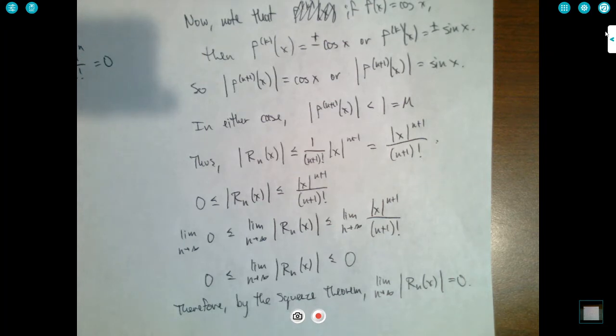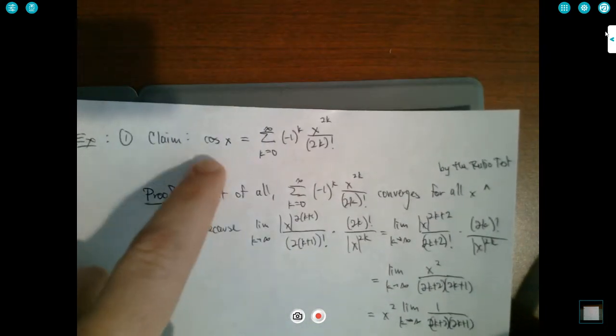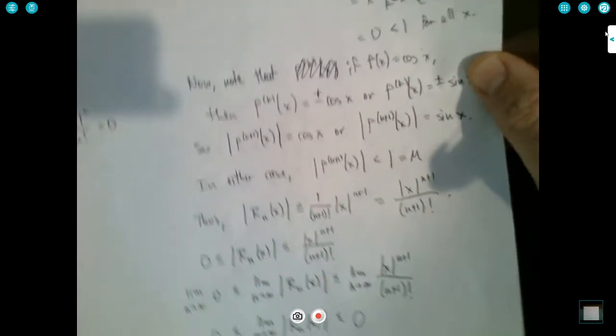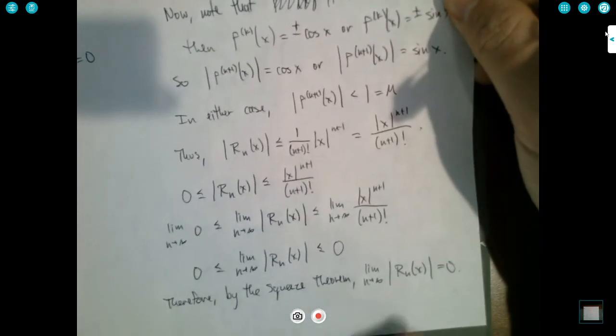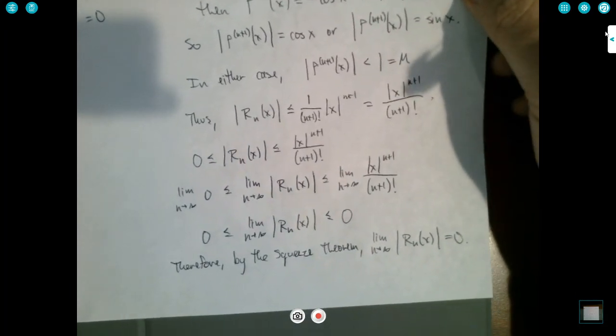Which means that as n gets larger and larger, the polynomial is getting closer and closer to the actual function value itself. So the series converges and the remainder is disappearing, which means the series must be converging to the function that it's supposed to represent.